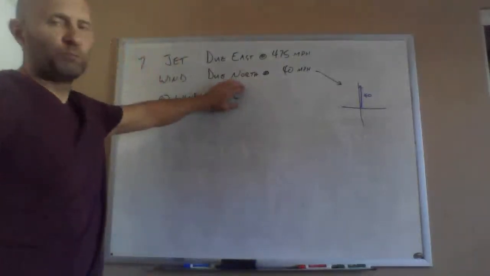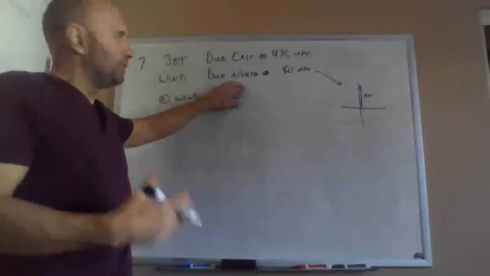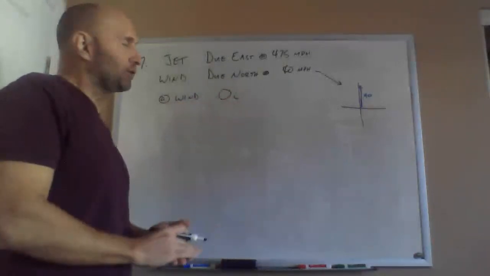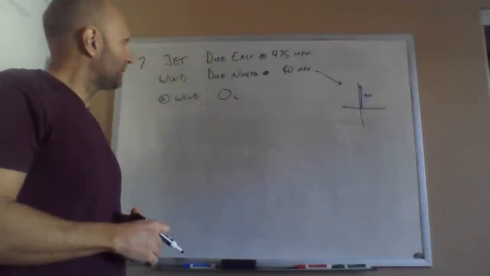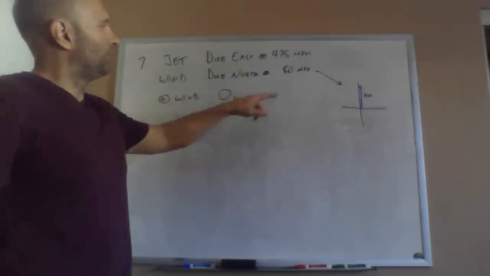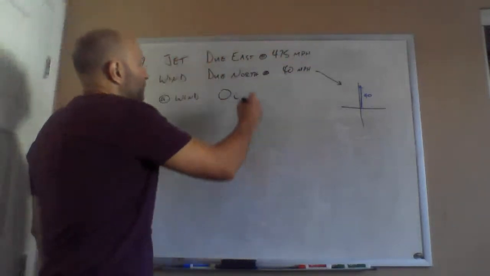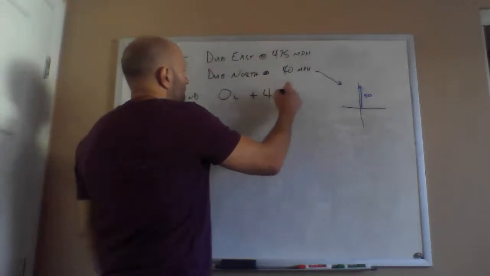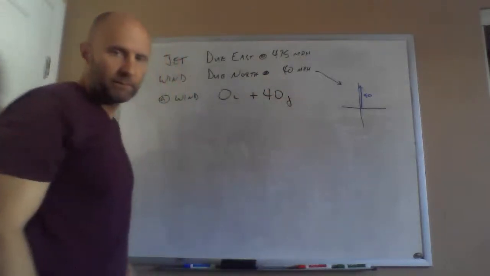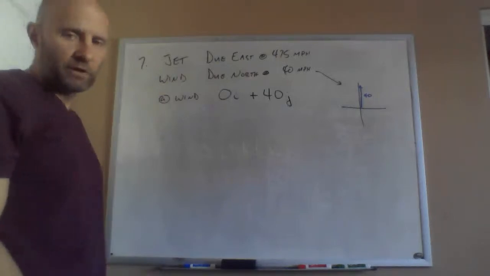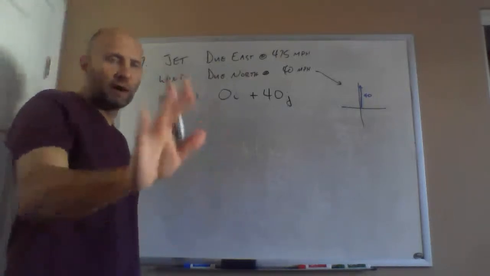You don't have to put in 0i, but if you want to write it there so that when you start adding these vectors later you are adding the correct pieces, that's my suggestion. So 0i, and it's going north, so that's upward, so plus 40j. Any questions on that? That's just the wind by itself.